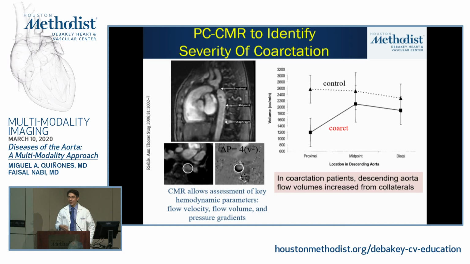The reason is you have a step up in the descending aorta, which normally should not be the case, because you have a lot of collateral vessels now dumping into the descending thoracic aorta. So an interesting use of phase contrast CMR in the evaluation of coarctation.